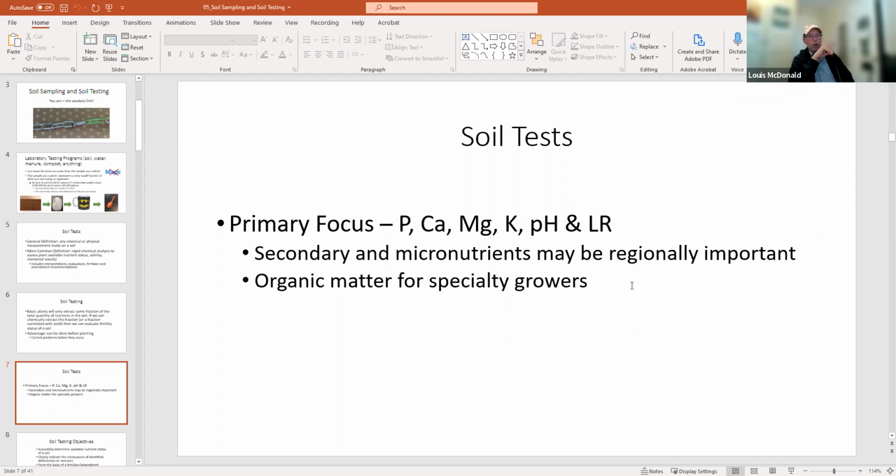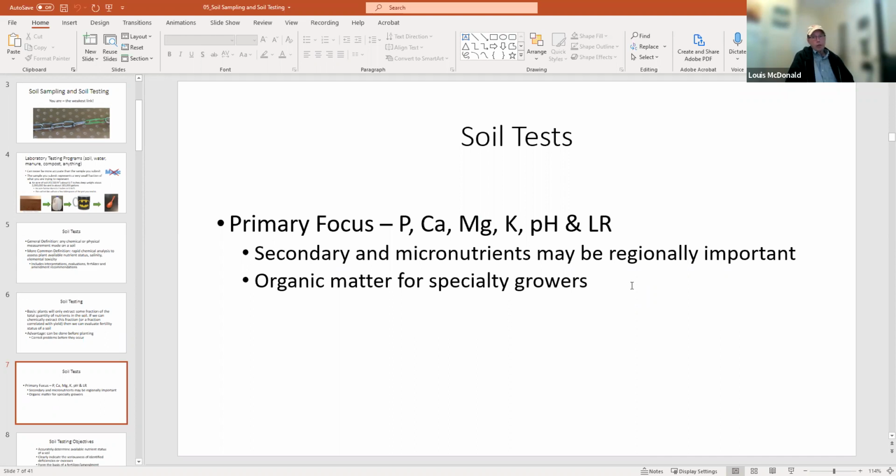So some of the university and private laboratories know that their clientele have problems with, for example, sulfur or boron. And so they will offer packages that include those elements because they know that their people need those elements to make recommendations. And then some specialty growers like to have organic matter.